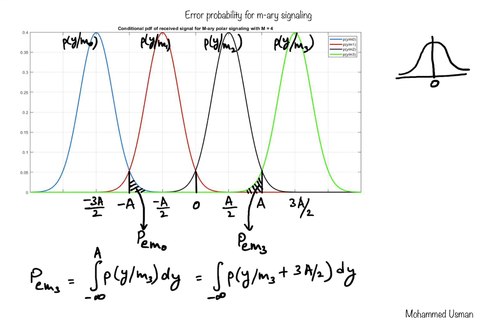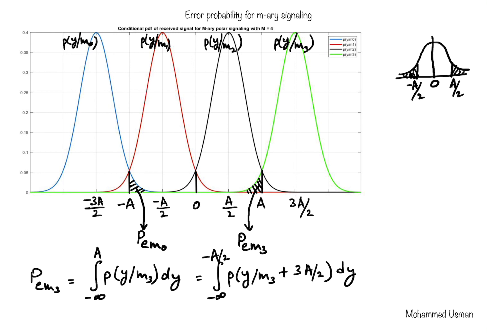So the limit of integration will go from minus infinity to minus a by 2, which is the area here. And by the symmetric nature of the Gaussian PDF, that is equal to a by 2 to infinity.